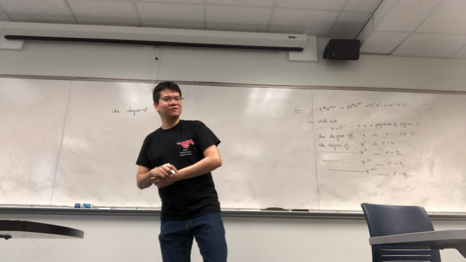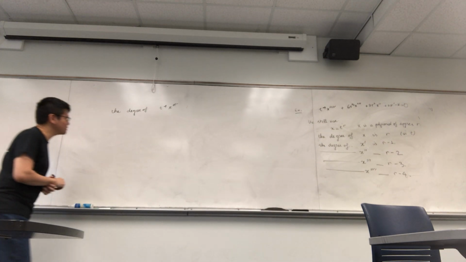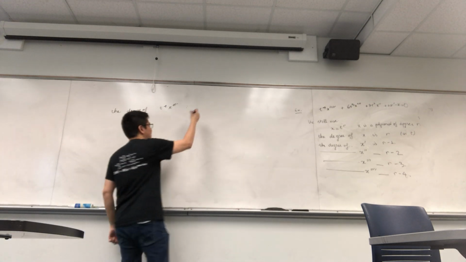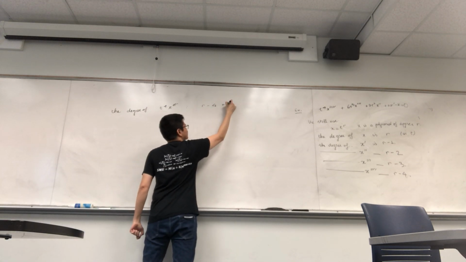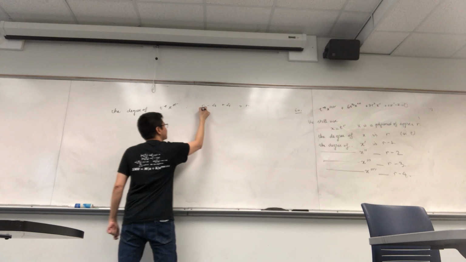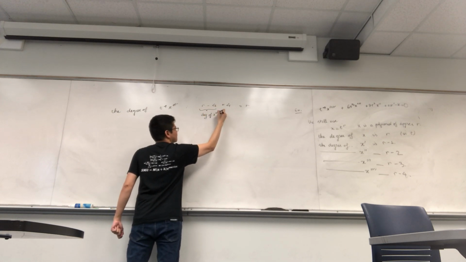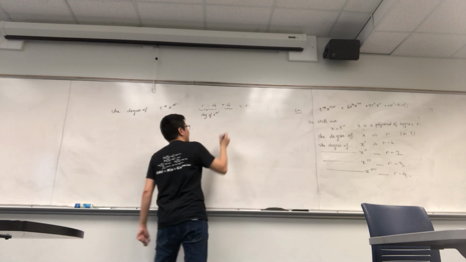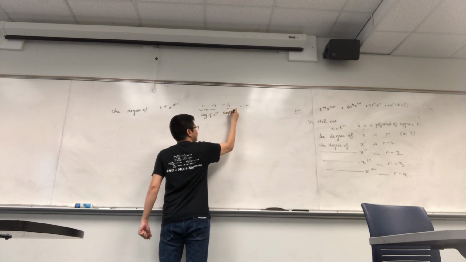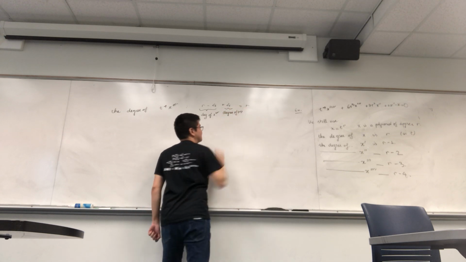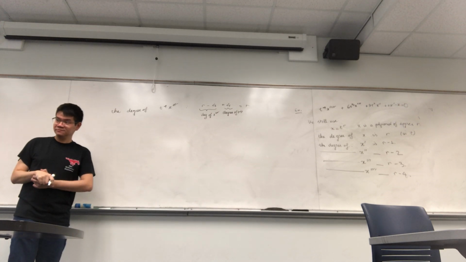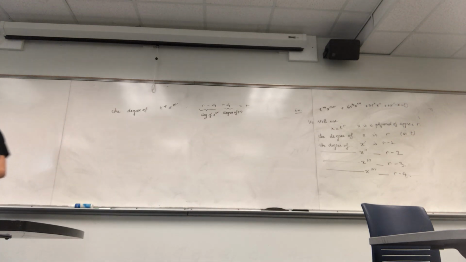What is the total degree? R. So r minus 4 plus 4 is r. So when you multiply two polynomials of different degrees, the total degree will be the sum.